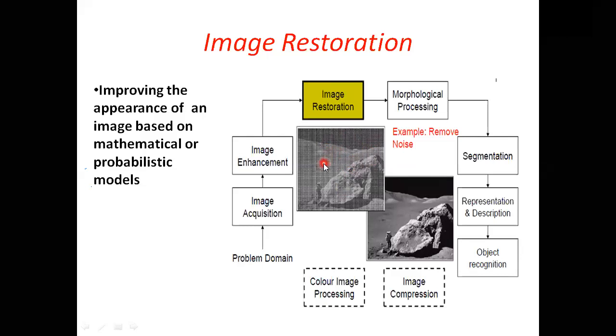Degraded image means if any noise is added to the original image, then that is called a degraded image. From this degraded image, in an objective manner, that is by using probabilistic models, we are trying to reduce the noise. That is nothing but improving the appearance level.